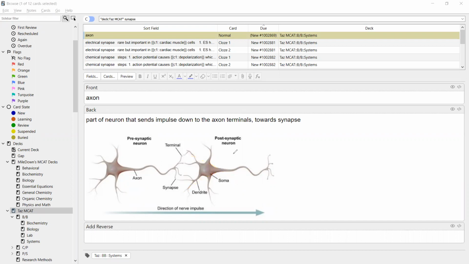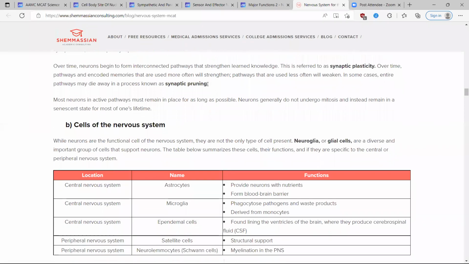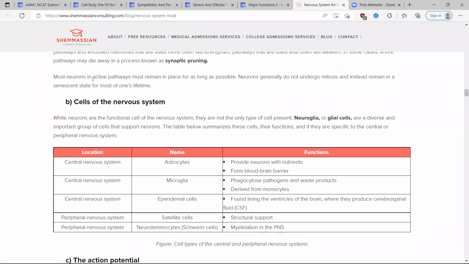Because if we're not using it, then what's the point of keeping it around? Sometimes that's the case. But most neurons and active pathways remain in place for as long as possible. And neurons don't generally undergo mitosis and just remain senescent for most of their lifetime.